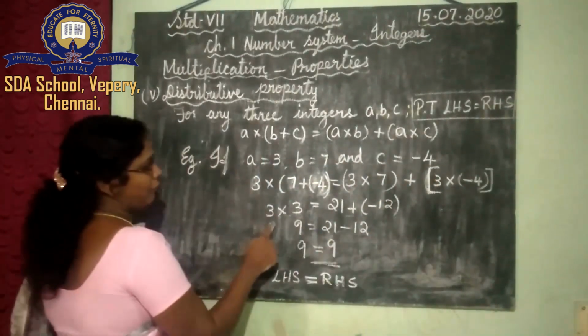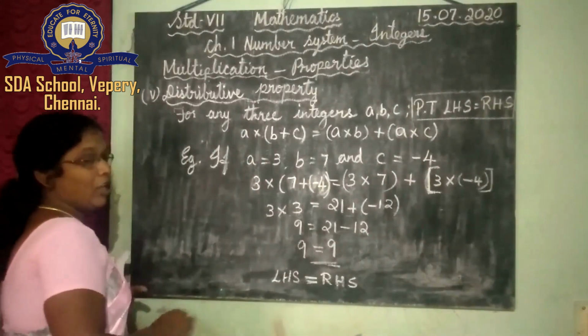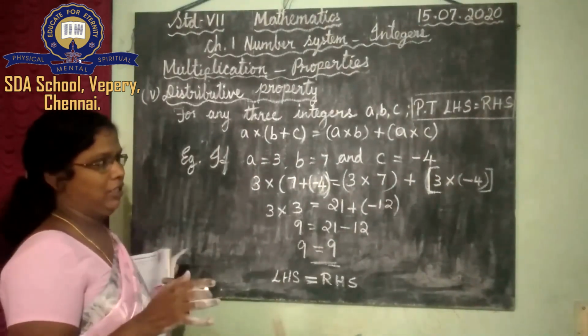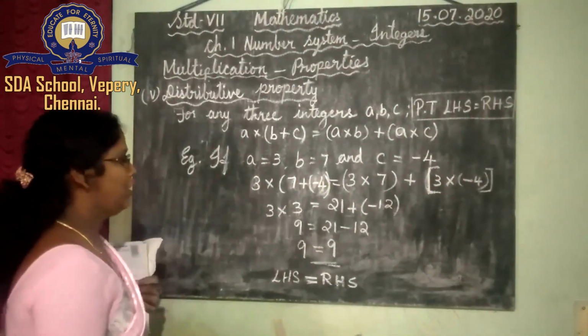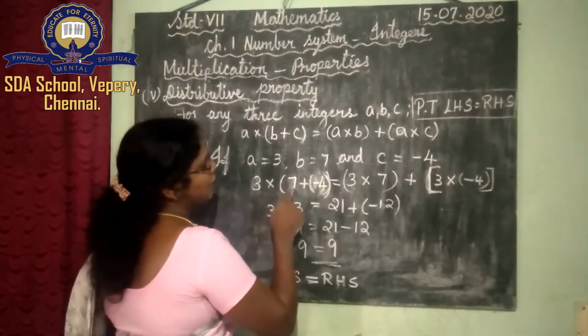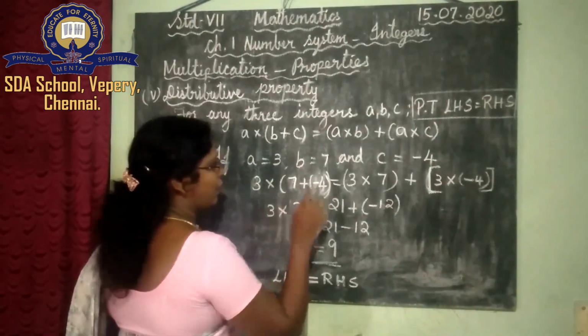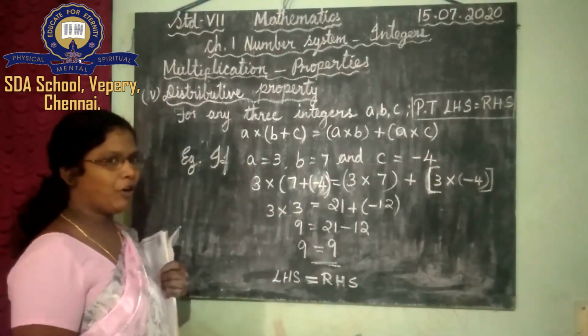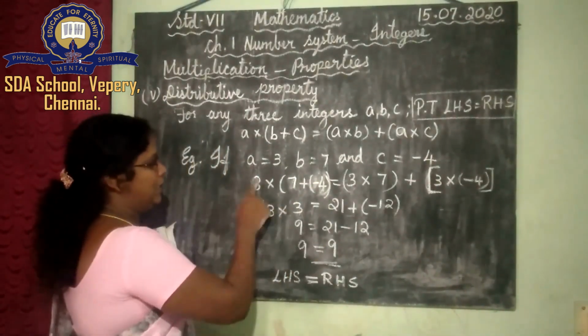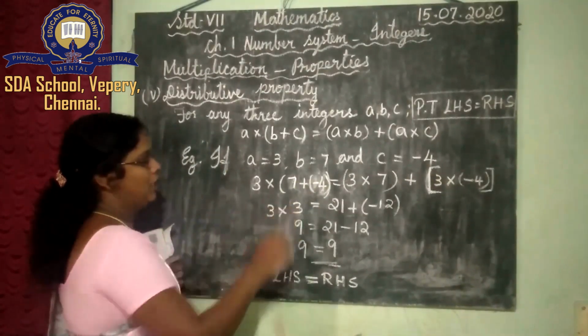Okay, 3 will keep as it is. Always we must solve what is there in the bracket first, then only we should go to the next integer. So I am solving here 7 plus minus 4, that is plus into minus is minus, 7 minus 4. What is 7 minus 4? 3. Yes, 3.